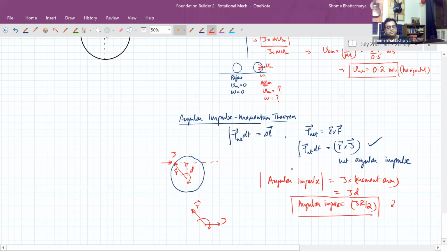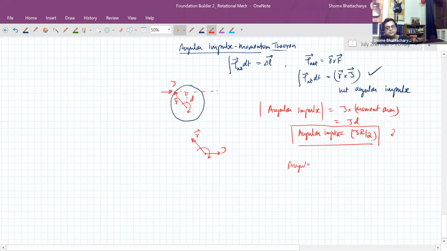So now we apply the theorem that angular impulse equals change in angular momentum. So J R by 2 will be equal to I omega because the initial angular momentum was 0.